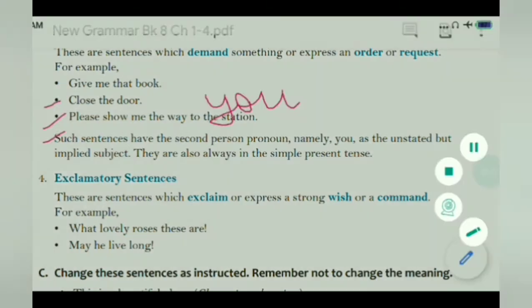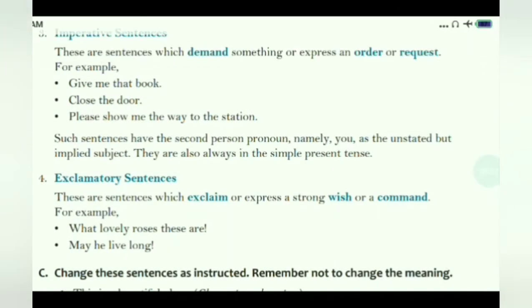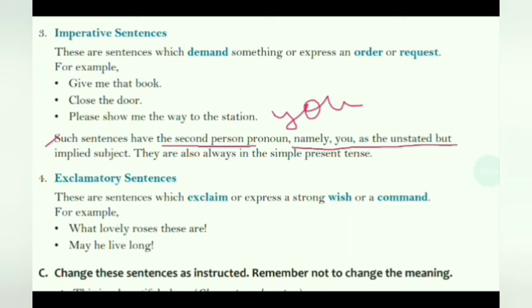Alright? As we can read here, such sentences have the second person pronoun. Second person means you, namely you as the unstated but implied subject. It's usually not mentioned. They are also always in the simple present tense.